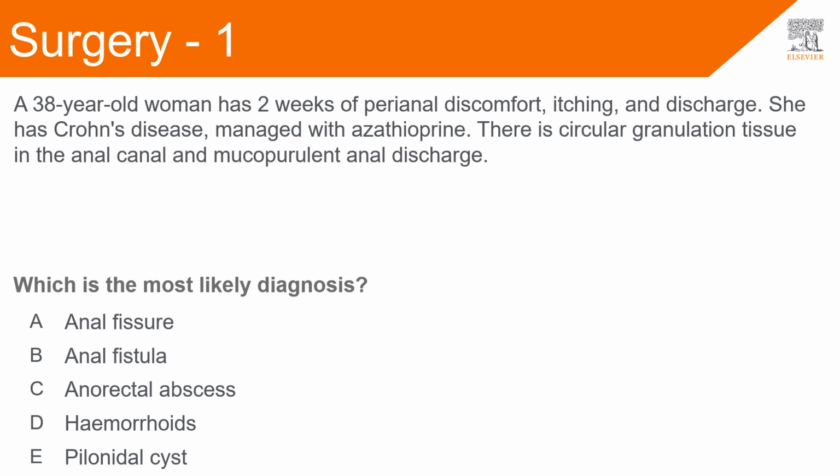There is circular granulation tissue in the anal canal and mucopurulent anal discharge. Which is the most likely diagnosis? A. Anal fissure. B. Anal fistula. C. Anorectal abscess. D. Hemorrhoids. Or E. A pilonidal cyst.